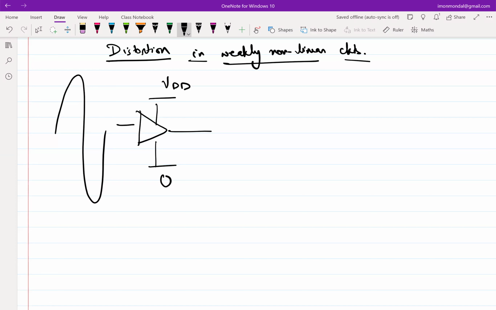Now again, graphically, what does it mean? If I characterize an amplifier with, let's say, V in and V out, I'm sure you have seen this graph multiple times. It goes like this.